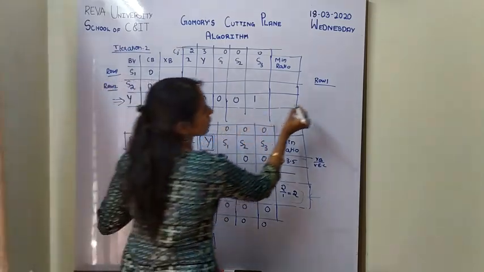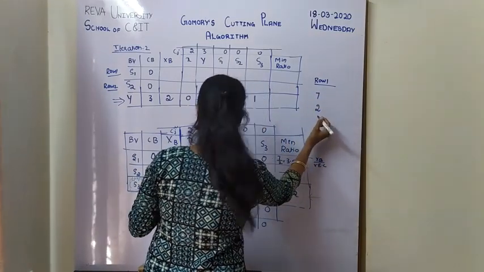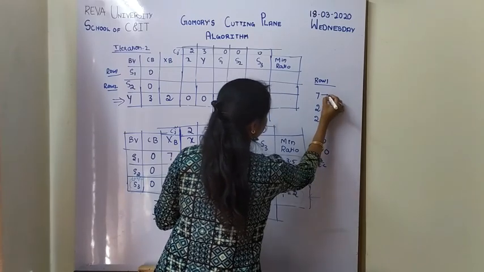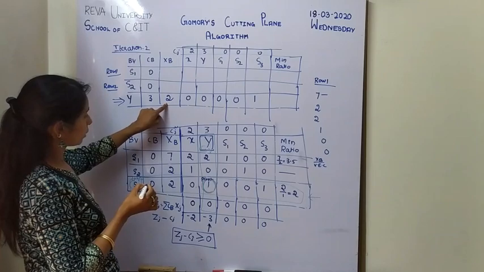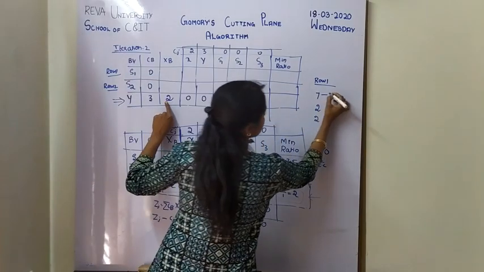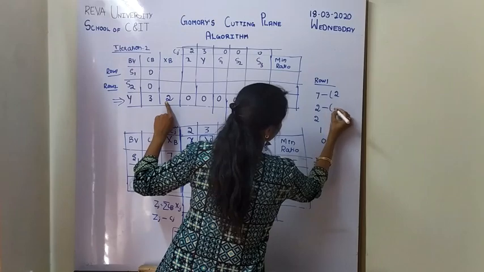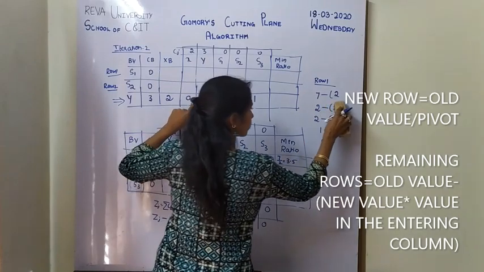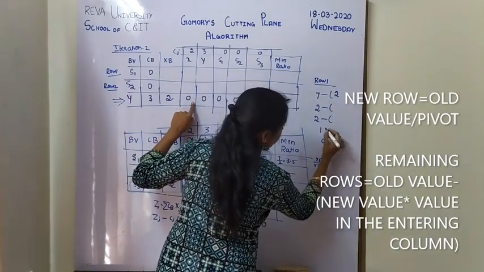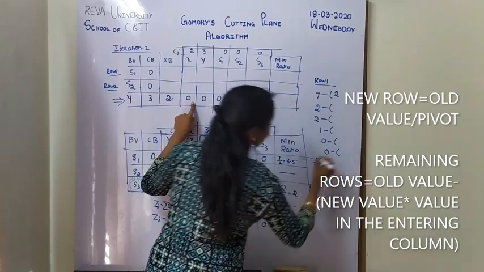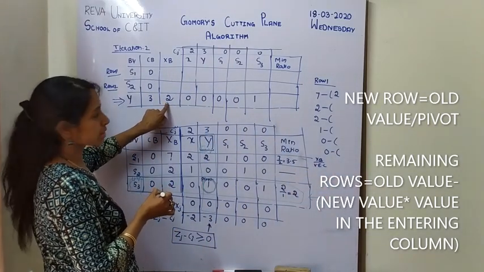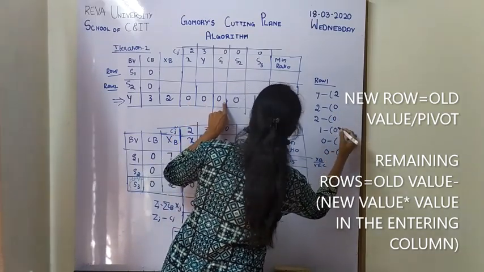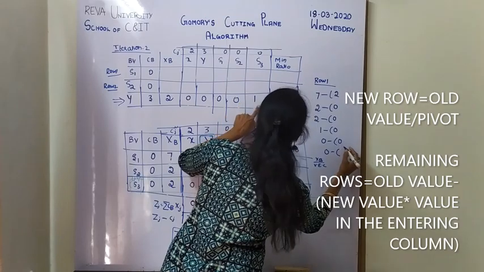Old values are 7, 2, 2, 1, 0, 0. Minus. What is the new value? New value represents this: 2, 2, then 0, then 0, then 0, then one more 0, then 1.